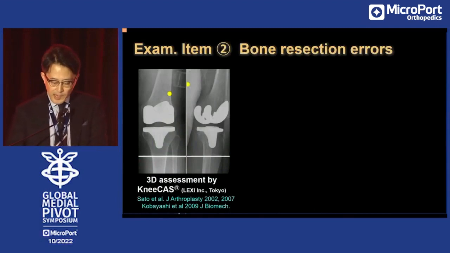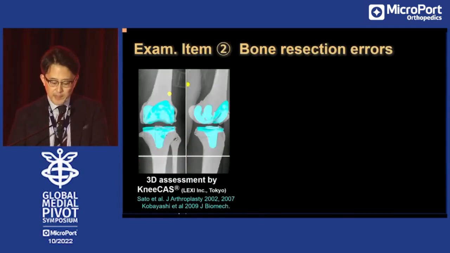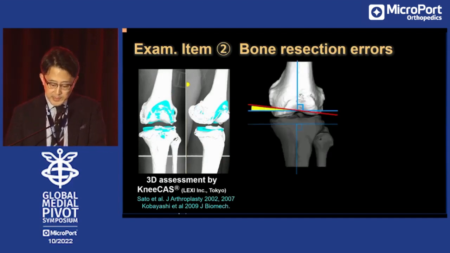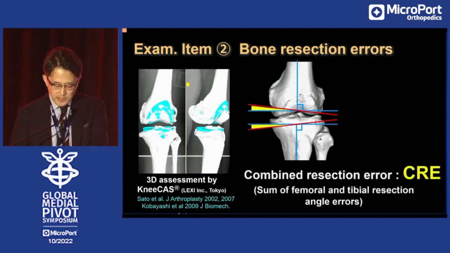This slide shows how to evaluate the bone resection error. Firstly, the postoperative implant alignment was three-dimensionally assessed by the knee cast system, which utilized 3D to 2D image matching technique.